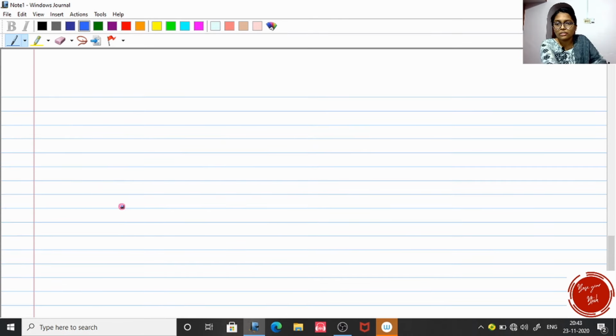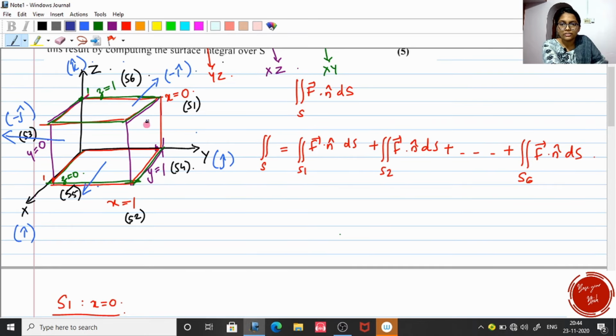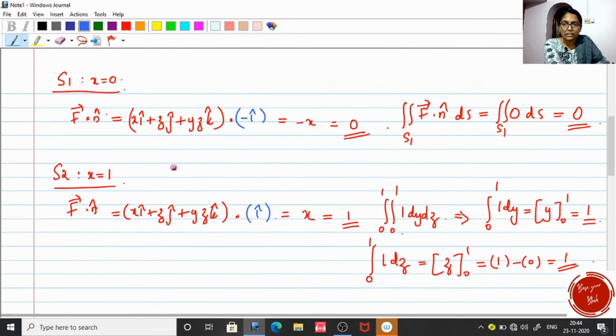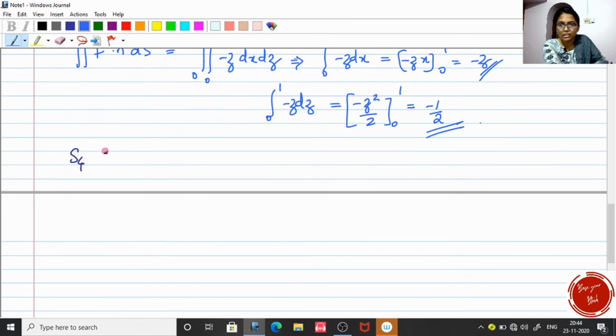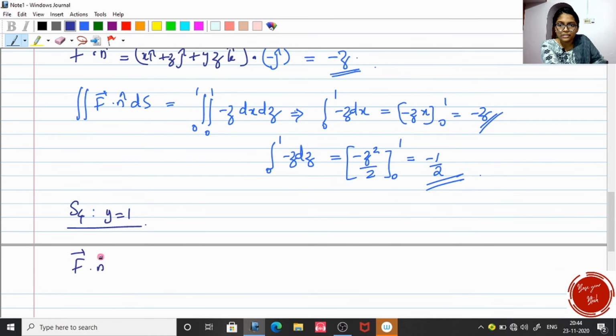Fine. Now, for the S4 surface, yes, here is your S4, y equal to 1. Okay. And the unit vector perpendicular to this surface is along the y direction, or j cap direction. So, your n cap is j cap. And there you have y equal to 1 also. So, for S4 it is y equal to 1 and again f dot n cap is xi plus zj plus yzk dot n cap, which is j cap, isn't it?